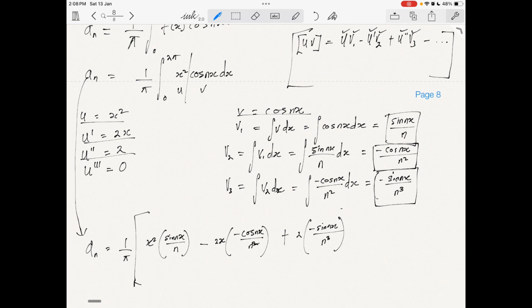And remember, we are dealing with the range of 0 to 2 pi.